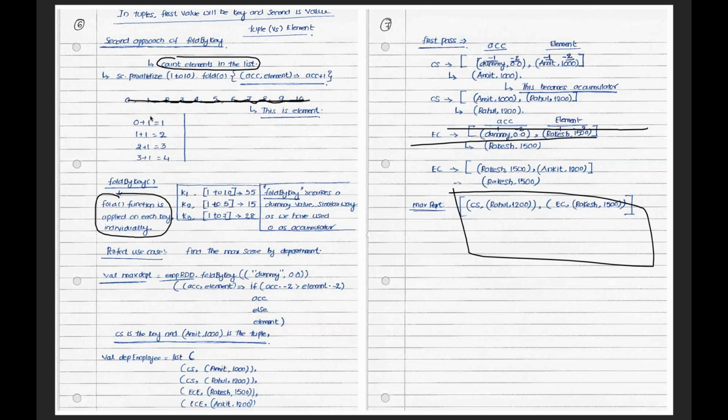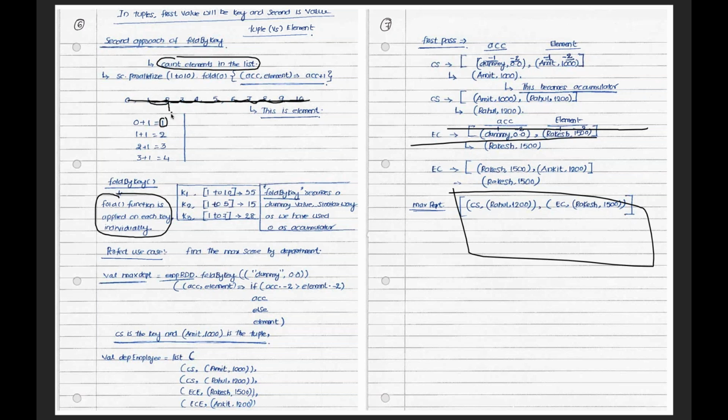Before that, 0 will be initialized. 1 is the first key, so the newly formed accumulator is 1. The next thing it will apply is 1 plus 1, 2. 2 plus 1 is 3.